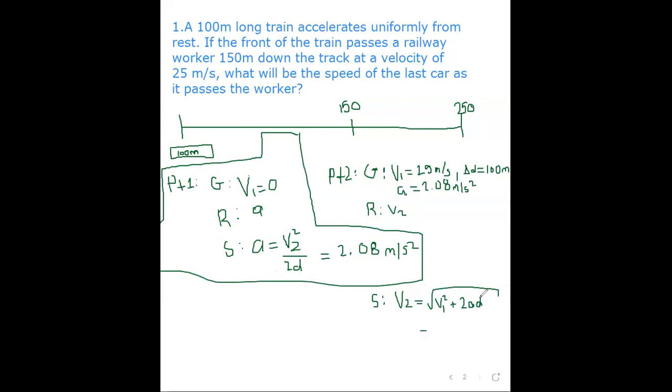Then you just plug in the numbers from the top. You'll have 25 squared, which is 625, plus 2 times 2.08, which is about 4.16, times 100, which is about 416. Adding those gives around 1041, and the square root of that is around 32.3 meters per second.